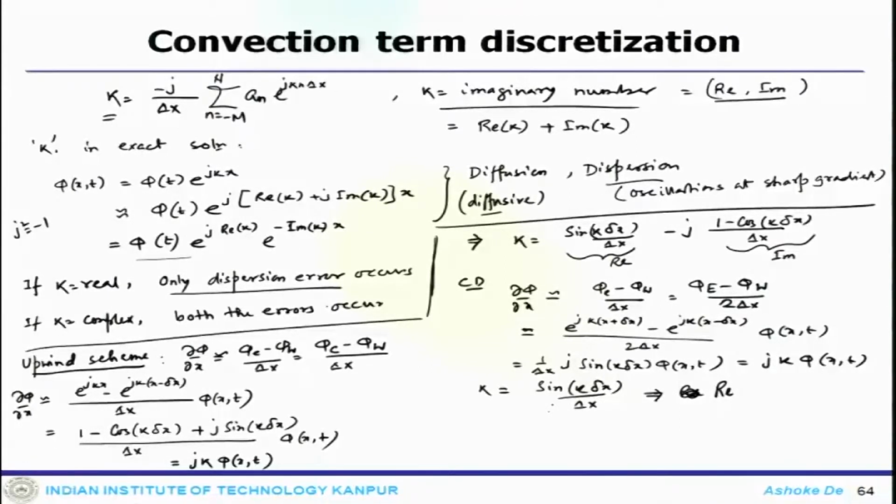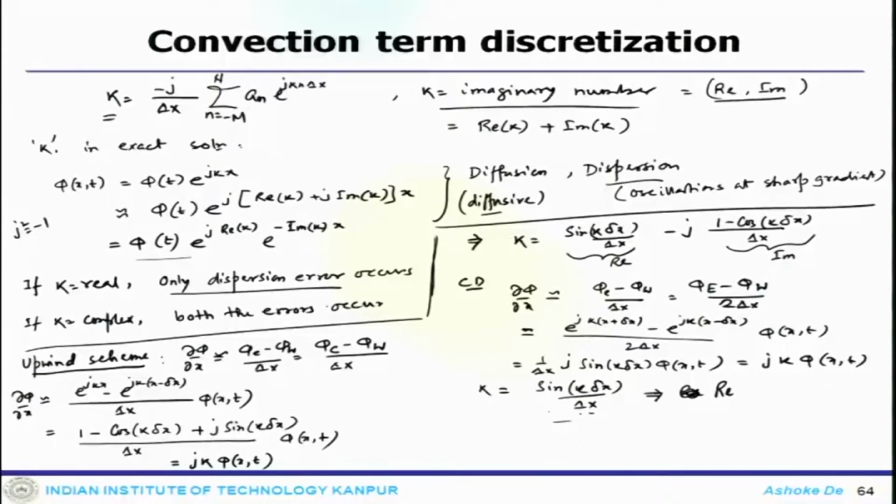So, that is what is important: in one case both errors are present and in the other case only one. This dispersion error actually causes some sort of oscillation, undershoot and overshoot of the results at the location where you have a sharp gradient.